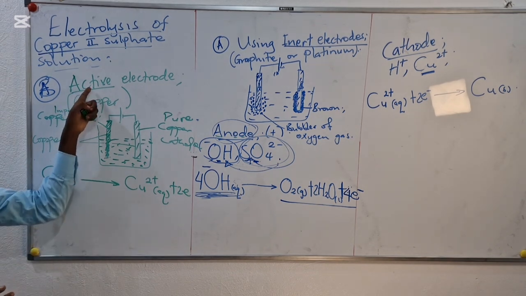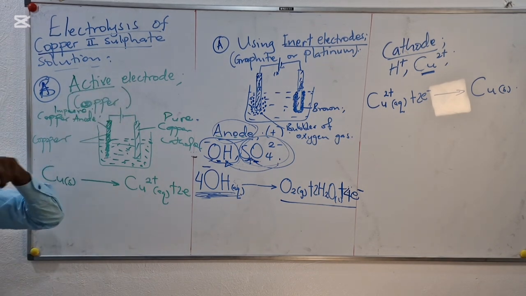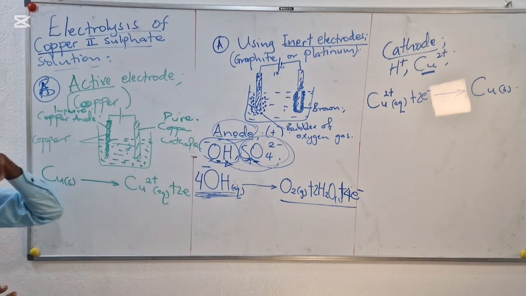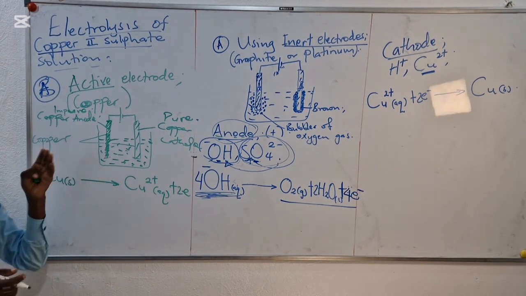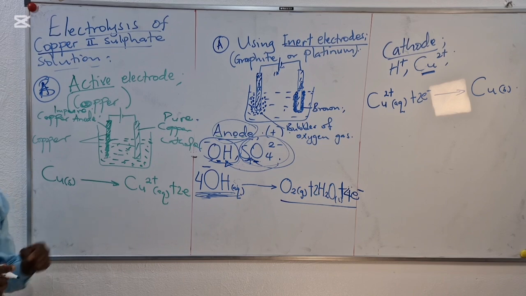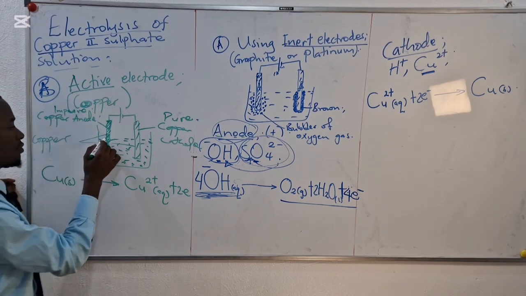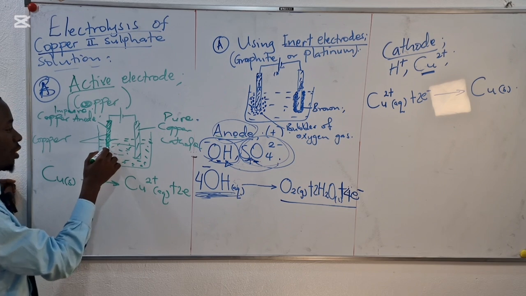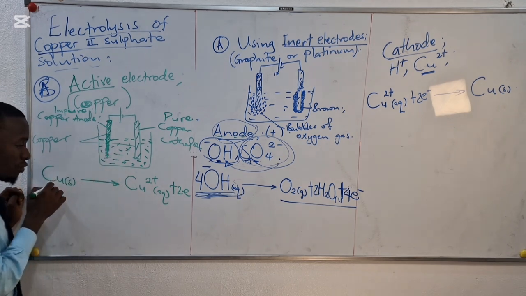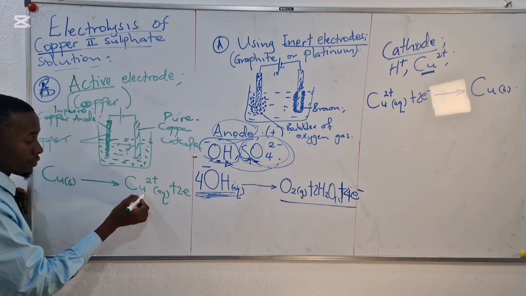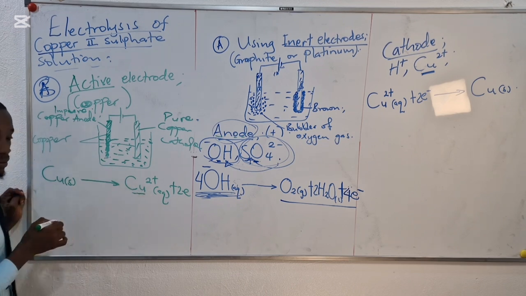Members, when we use an active electrode, yes, the hydroxide ions and the sulfate ions will migrate to the anode, but none of them will be discharged because this is an active electrode. It's the electrode that will instead dissolve and decompose within the electrolyte to form ions of copper.